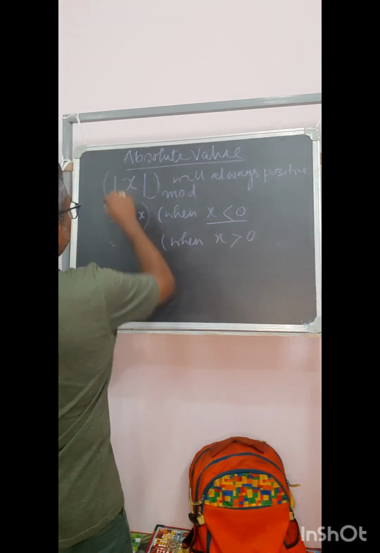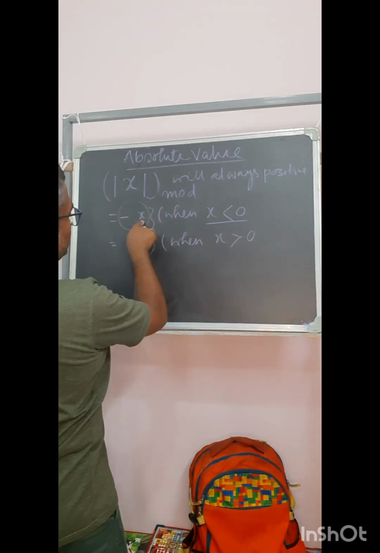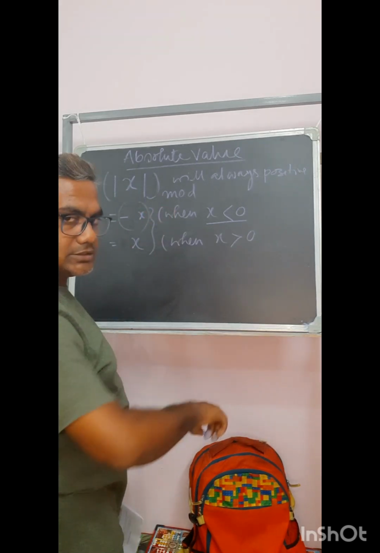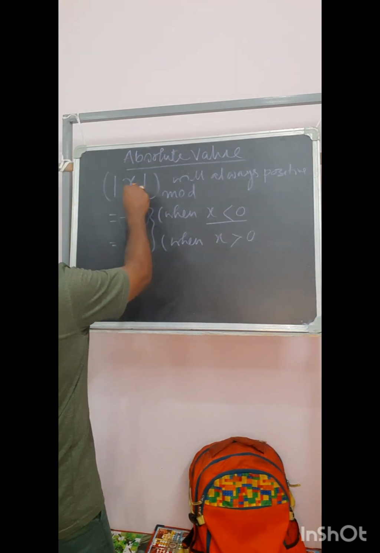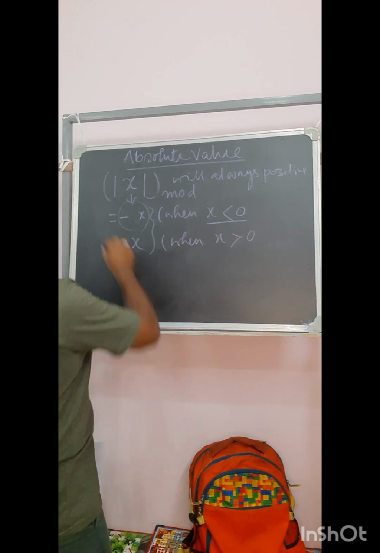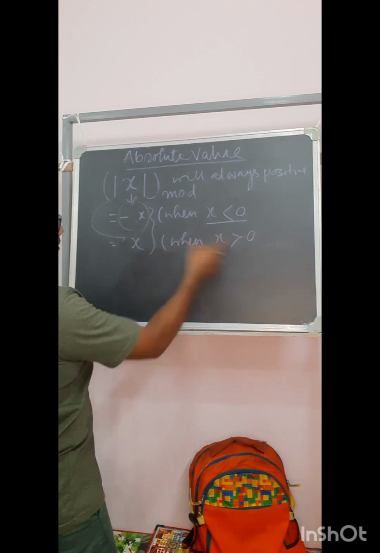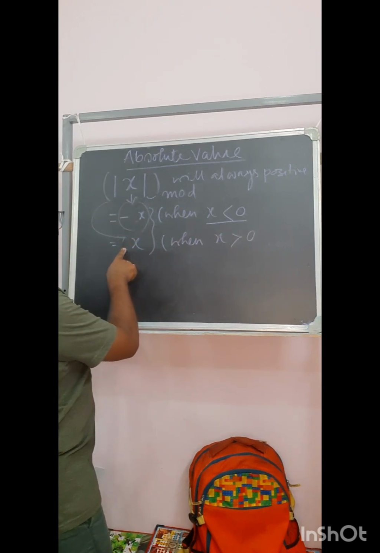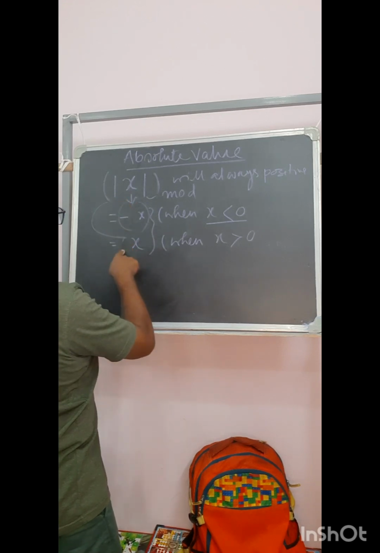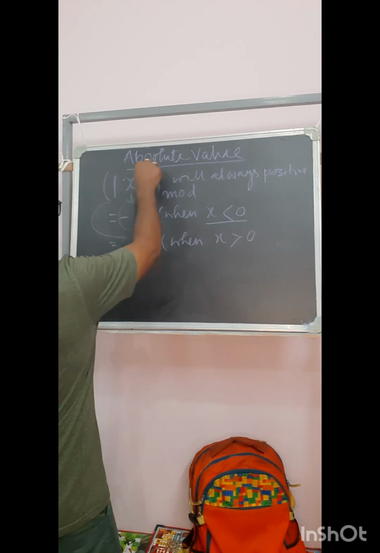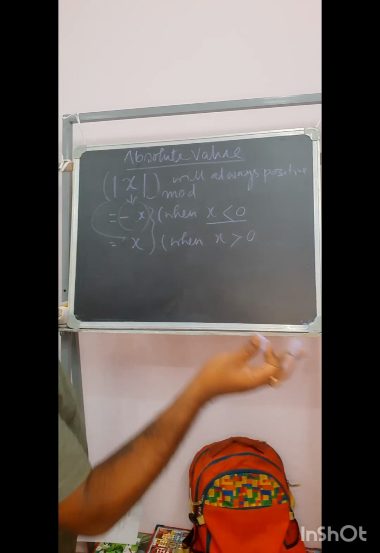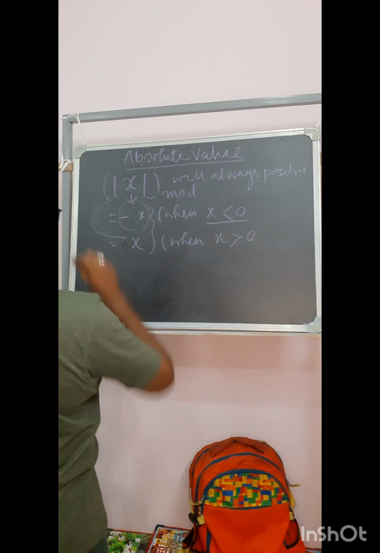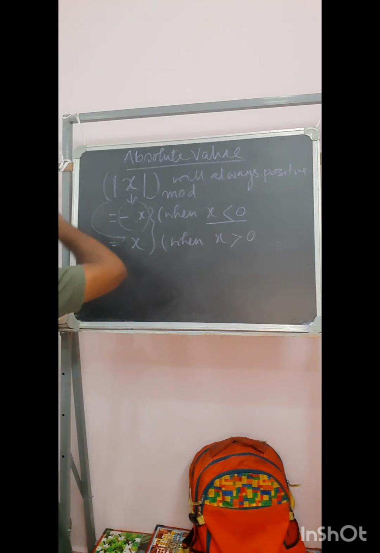So this implies two conditions: when the x value itself is less than 0, with a negative sign I will get the same as per the definition, and if it is more than 0, with a positive sign, it will satisfy. So this sign will satisfy both conditions, when x is less than 0 and greater than 0. Accordingly, I will choose the sign. So this is the overall understanding of absolute value.